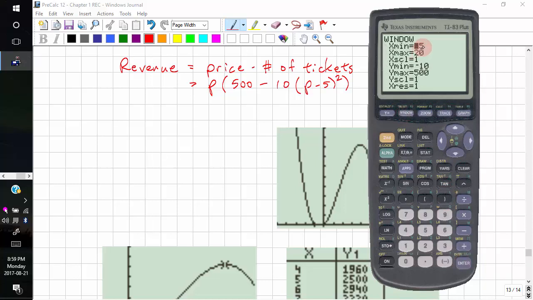Our dollar increase is probably not going to go much higher than $10. So we'll go -1 to 10. We're going to sell no worse than 500 times 5 because we're going to sell 500 tickets for $5 if there's no change. So it's 2,500. So that's a starting point, and we'll see what it looks like.